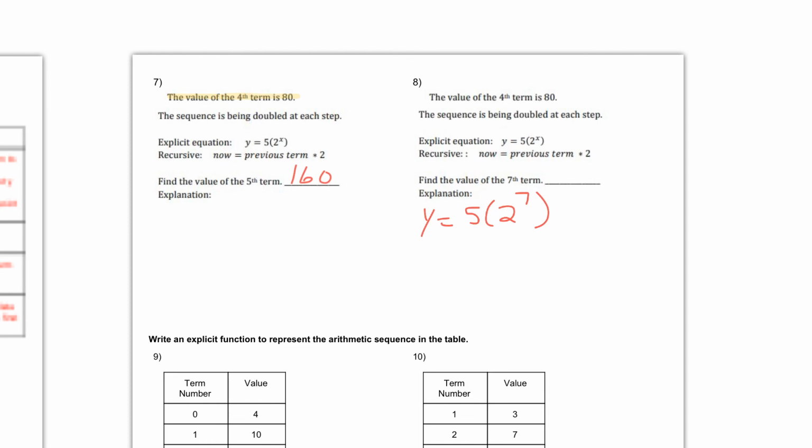And if you plug that into your calculator, you will see that you get 640 for your 7th term. For your explanation, you want to say that because we don't have the previous term, it's faster to just plug the 7 in for x in the explicit equation.